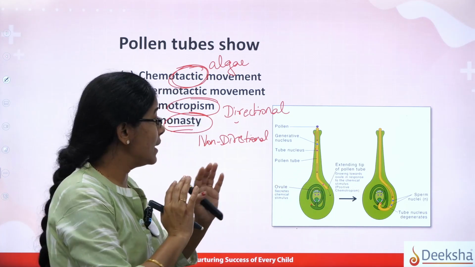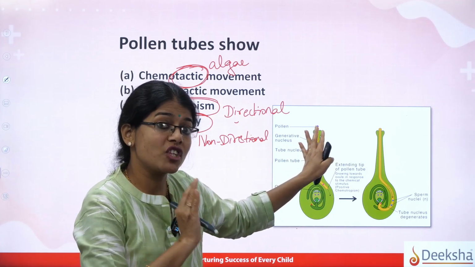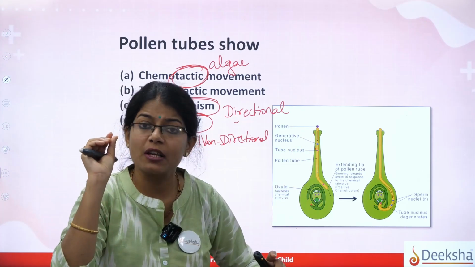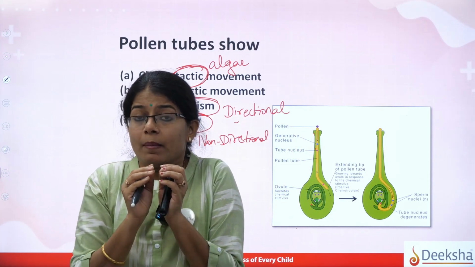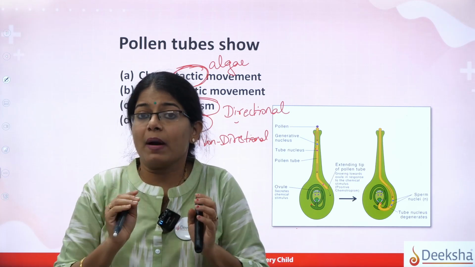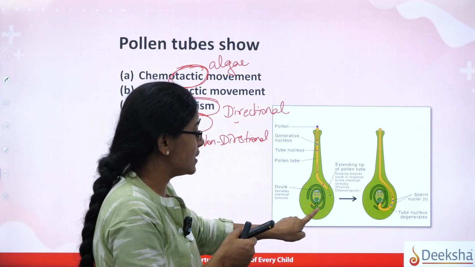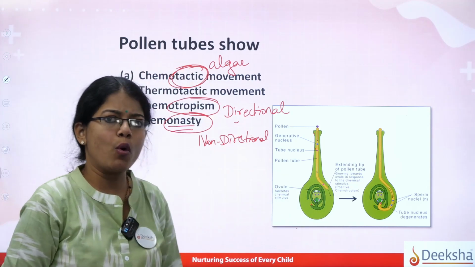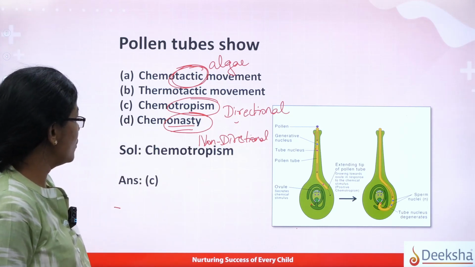That movement happens because there is a sugary substance found at the stigma. Once the pollen grain sits on the stigma, it gets activated by the sugary substance, and then it starts slowly moving towards the respective destination. So the answer here, what movement does the pollen tube show? The answer would be chemotrophism.